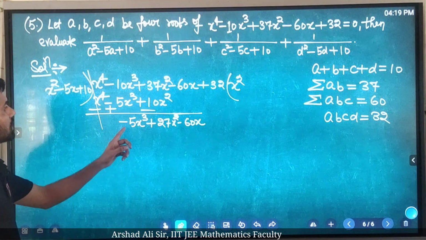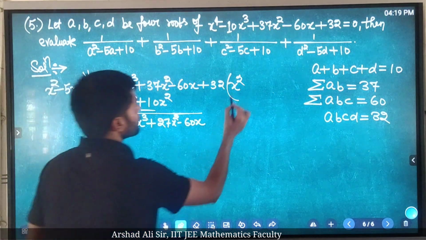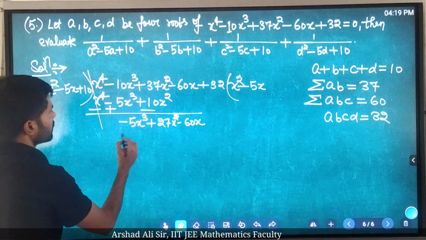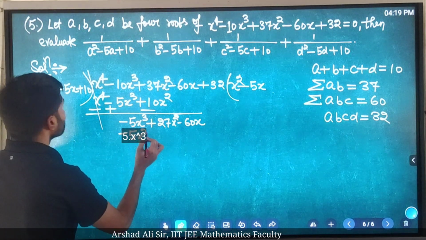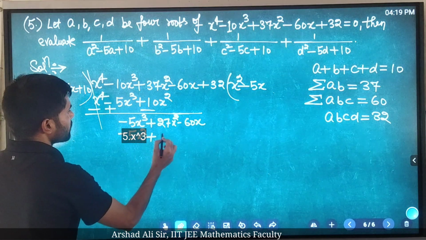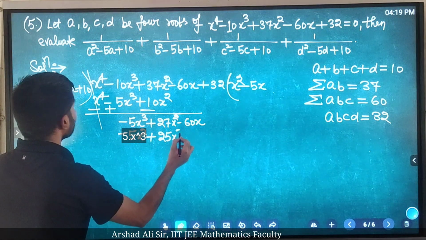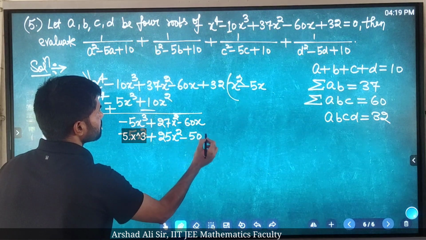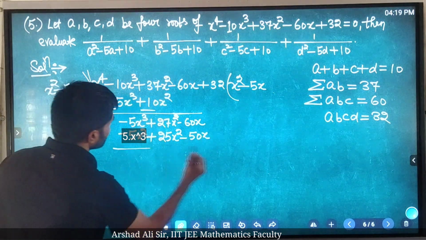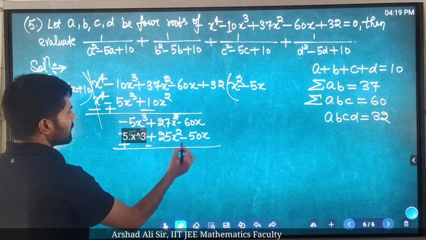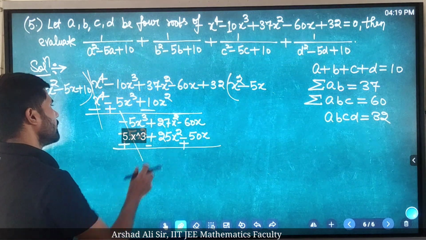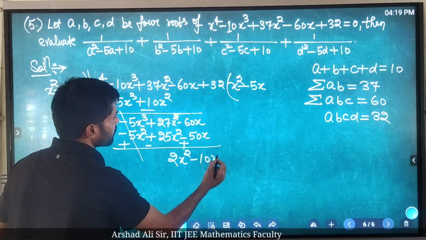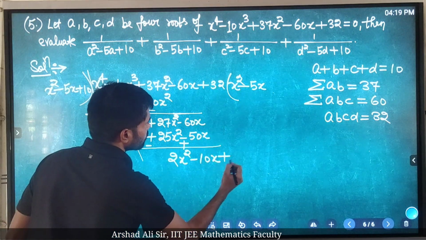Now this time we need minus 5x cube, so we should write minus 5x, because we already have x square. So minus 5x cube, minus 25x square, and plus 50x. Now change the sign, and here you will get only 2x square, here minus 10x, and here plus 32.